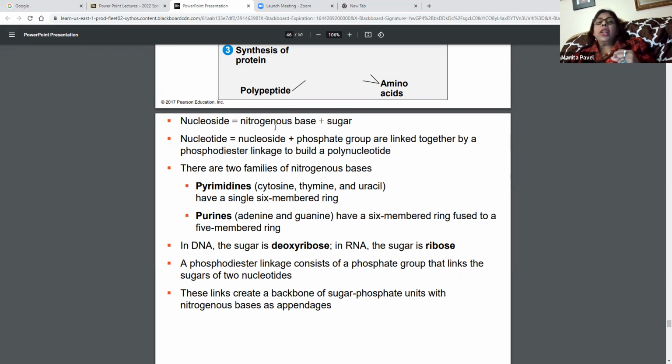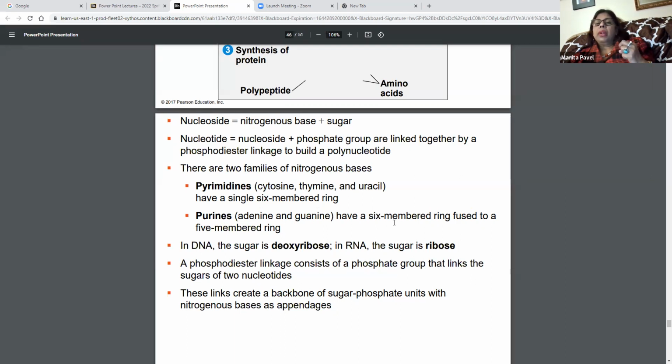What then is a nucleoside? It has a nitrogenous base and a sugar, no phosphate group. But you don't have nucleosides, you have nucleotides on the DNA strand. Now, there are 2 nitrogenous bases, purines and pyrimidines. What are the purines? Adenine and guanine.